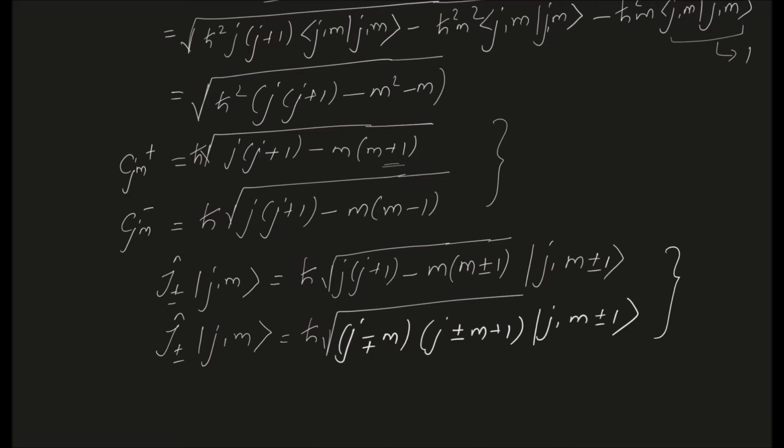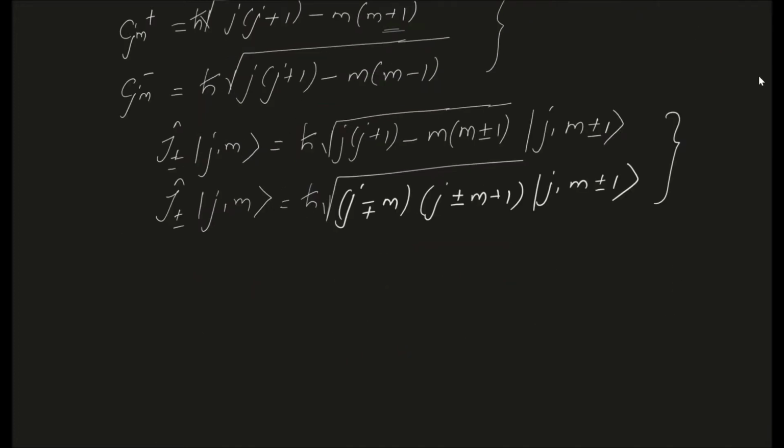So both of these are the same statement written in a different way. Once we know J plus and J minus, we can write the eigenvalue equation for Jx in the jm basis.